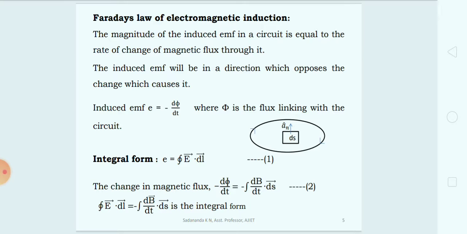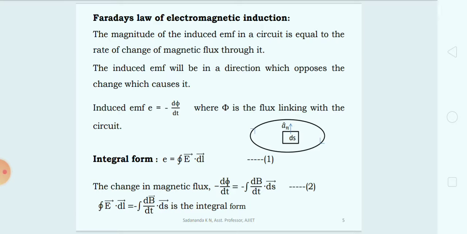This magnetic flux linkage can be shown, that the rate of change of magnetic flux linkage d by dt of phi, is the surface integral of dou by dou t of vector B dot vector ds. That is quite obvious.